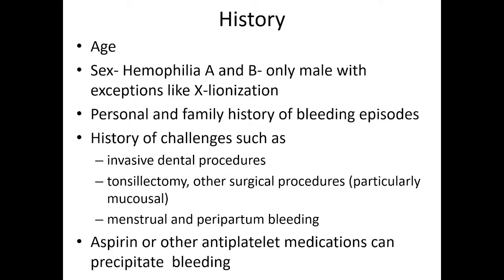So, approach to a patient with bleeding disorder: first we should see the age. If younger age, then more likely congenital bleeding disorder, and then gender. Hemophilia A and B only affect males with the exception of X lyonization. Lyonization means inactivation.